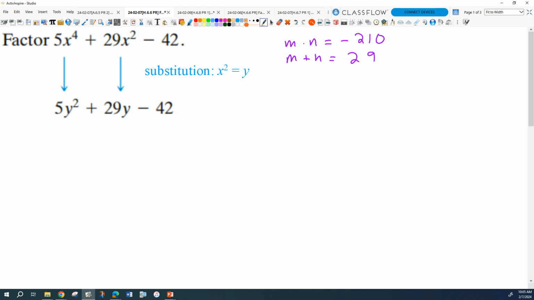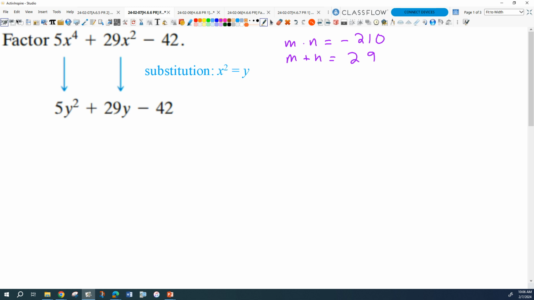What do you think would be better? Do we want to find factors of negative 210 that add to 29? I think between them first. Yeah, right. Being as the product is negative, it's actually easier here for us to look for numbers that add to 29 instead, right? So let me grab one of those. Hang on.